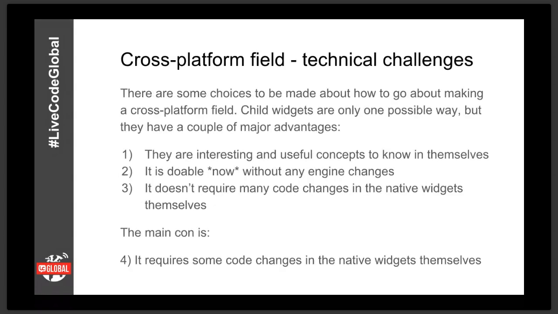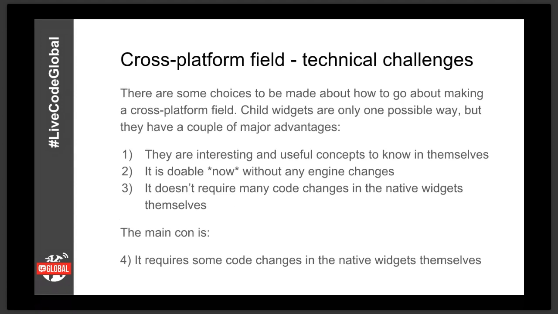There are some choices that we have to make about how we're going to do this. Child widgets is only one possible way. But the reason that I chose to do it that way just now is that I think the composed widget thing is interesting and useful, and maybe not too many people know about it.